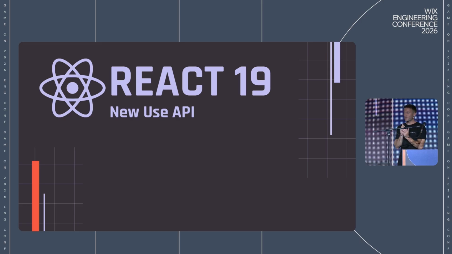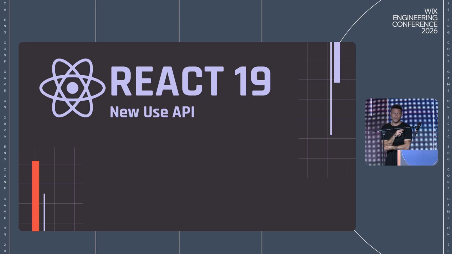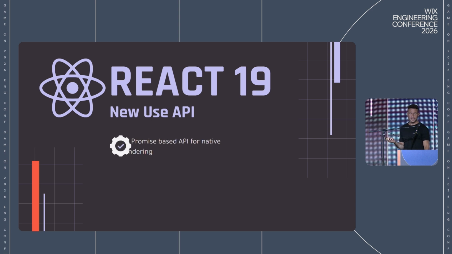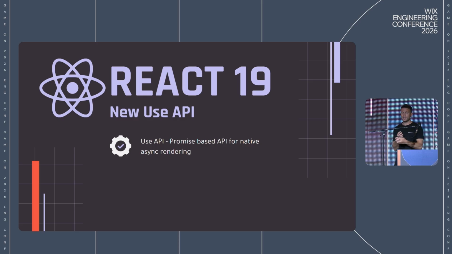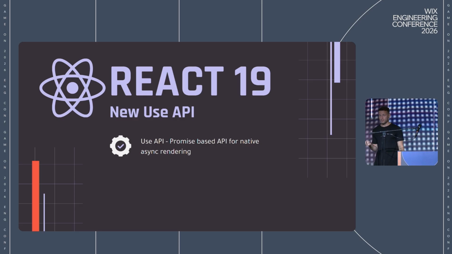Now, lastly, let's talk about React 19, because everything we've seen so far is built on React 18 Suspense, but with React 19 that was released recently, this flow gets even simpler. React 19 introduced the new use API, which brings the same promise-based behavior we use for selective hydration, but in a much cleaner way.